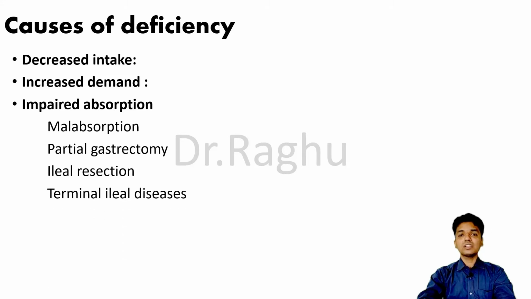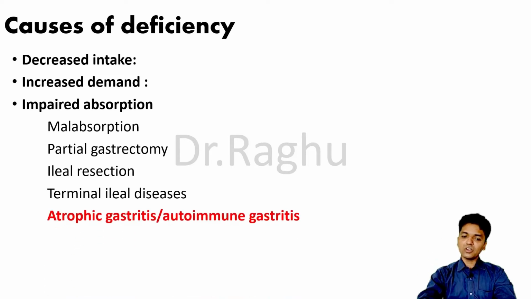It can also occur in ileal diseases, okay, like ileitis, inflammatory bowel syndrome. It can also occur in a very important disorder which is called atrophic gastritis or autoimmune gastritis. What is this atrophic or autoimmune gastritis? In this condition, autoantibodies are there which are acting against the parietal cells.